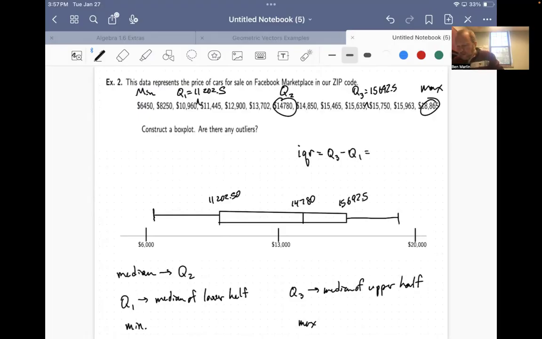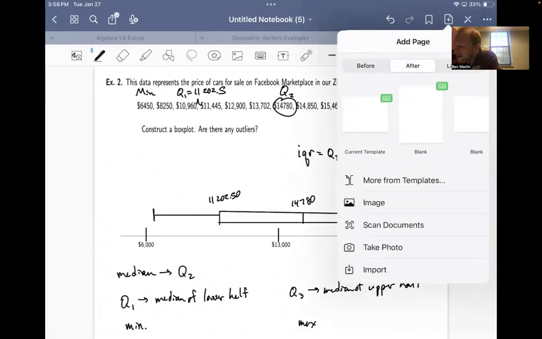And so we're going to have to take 15,692.5 and subtract from that 11,202.5, and we will get 4,490. Okay, so the IQR plays a fairly similar role to what standard deviation does. It's not the same thing, but it plays a similar role. Hope that makes sense.